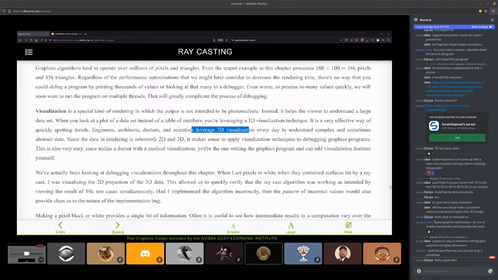This is actually a pretty useful technique outside of graphics programming too, but I'm not a regular engineer, so what do I care what architects, doctors, and scientists think or do with their time?